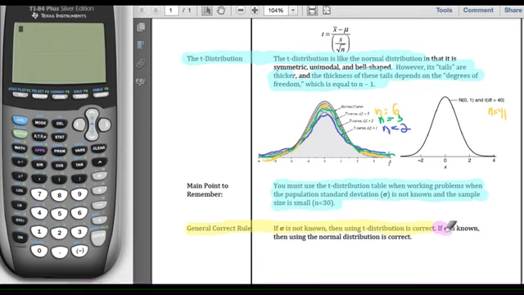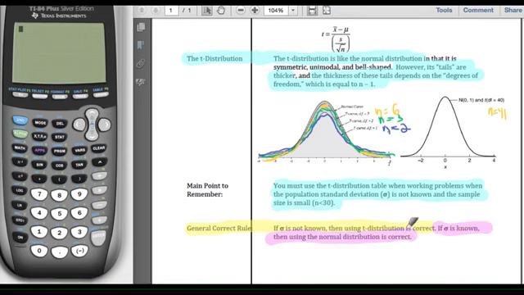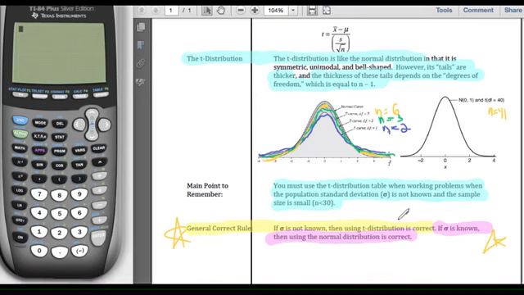If sigma is known, like it was in our previous videos, then using the normal distribution is correct. And this is what I expect you to do. If you know sigma and your sample size is large enough, then use the normal distribution. If sigma is not known, then you're going to use the t-distribution, regardless of the sample size. Right? So let's look at some examples of confidence intervals and hypothesis tests using the t-distribution in the next couple of videos.